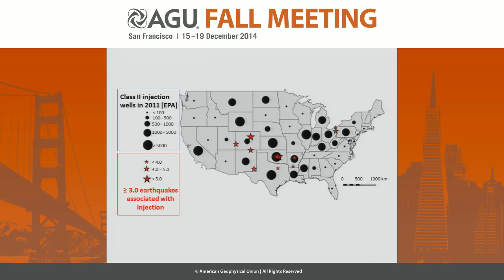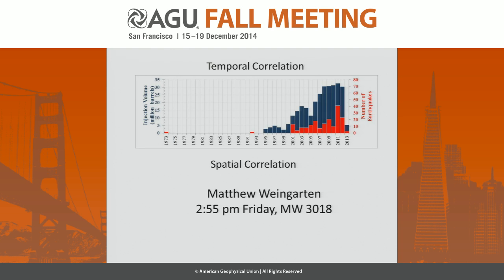Superimposed on this map, the red stars are some of the earthquakes greater than magnitude 3 that have been associated with these injection activities. The association between these two activities is primarily based on temporal correlation and spatial correlation.